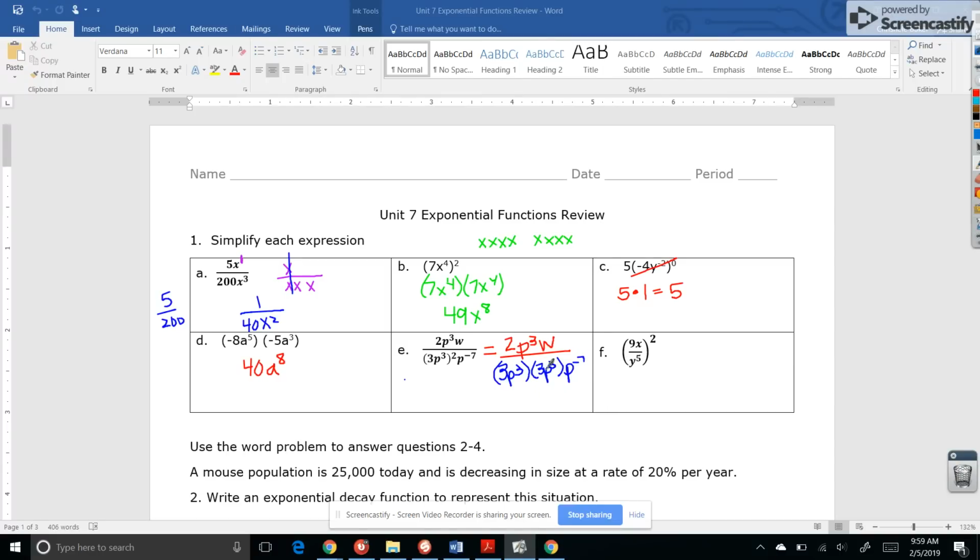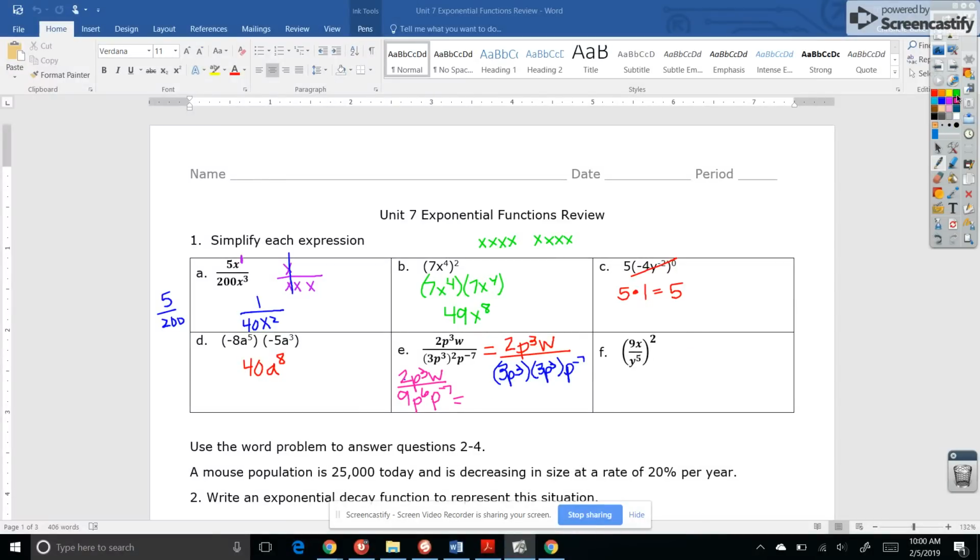So 3p cubed times 3p cubed, same thing that I've done in part B, is that I need to multiply my coefficients together. Again, I'm just going to write my numerator again. So 3 times 3 is 9, and p to the third times p to the third is p to the 6th, and then I have p to the -7th.